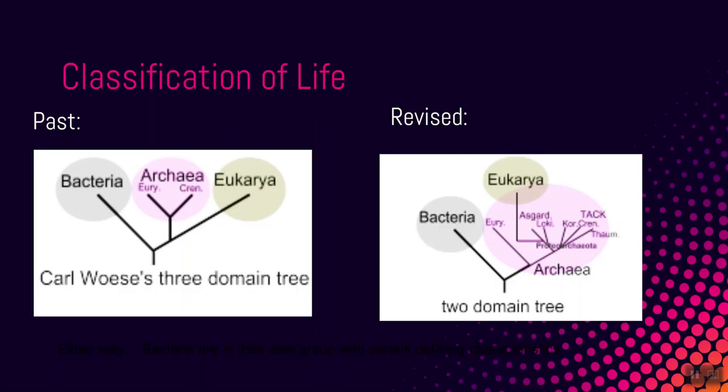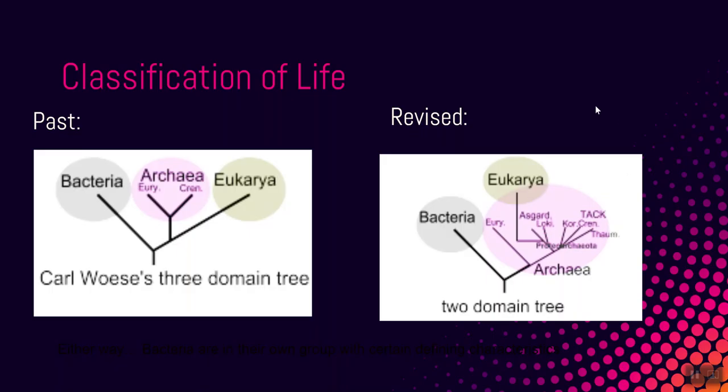So first, let's think about the classification of life and how we classify living organisms. For the most part, we have learned about and follow this three-domain tree of life. One of the major domains of life being bacteria.